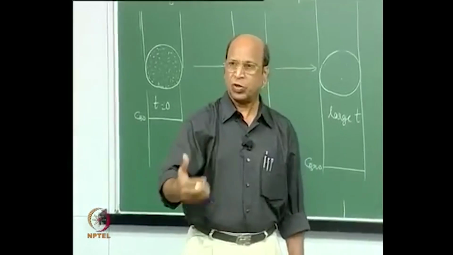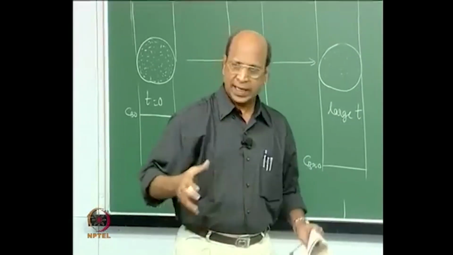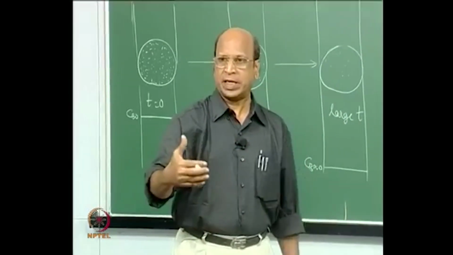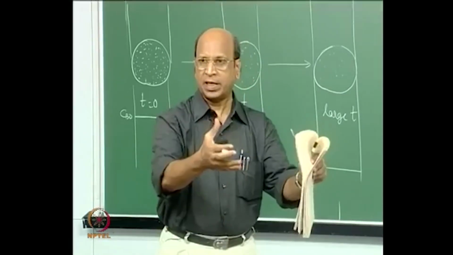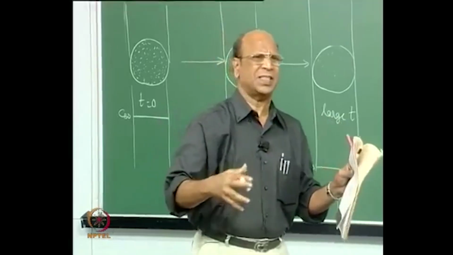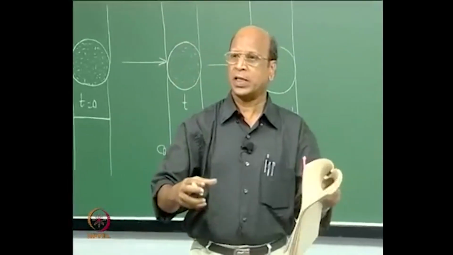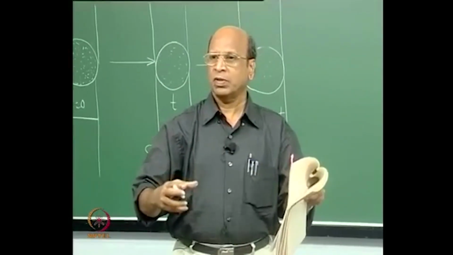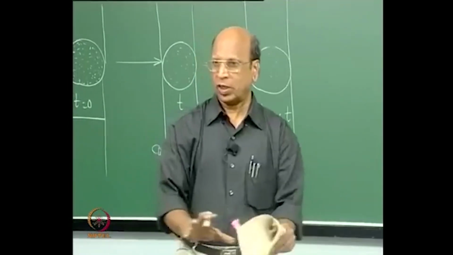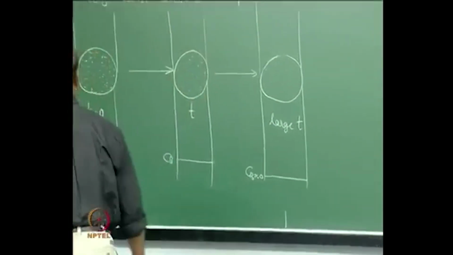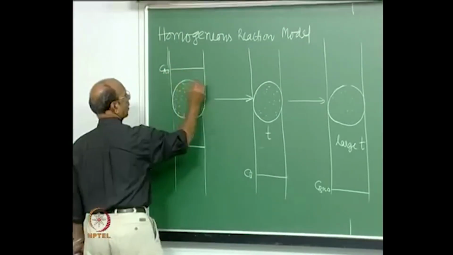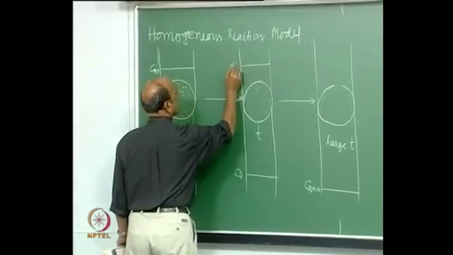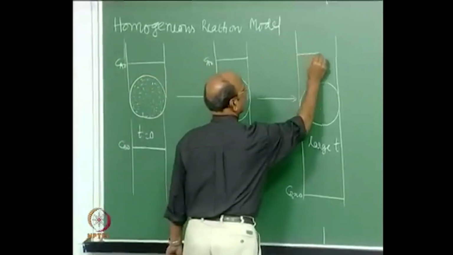It is reacting continuously, and continuously again it is entering, because immediately when the concentration is less there, this gas goes there. So it is as if you have immersed this particle in a concentration of CA0. You have lots of A there. So that is why you will have CA0 the same here. If I take that one as CA0, again here CA0, again here CA0 with time.